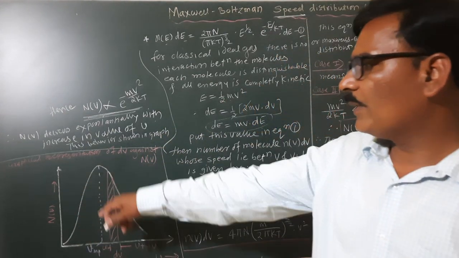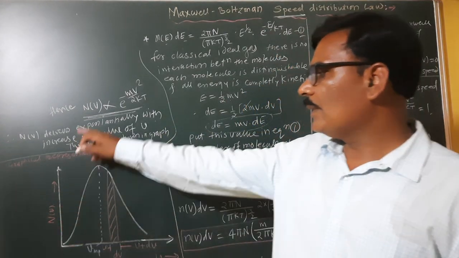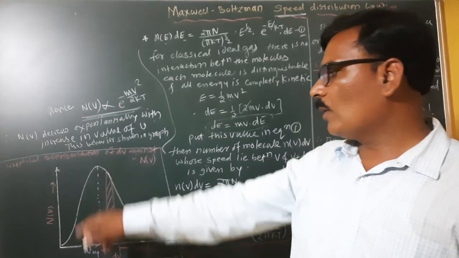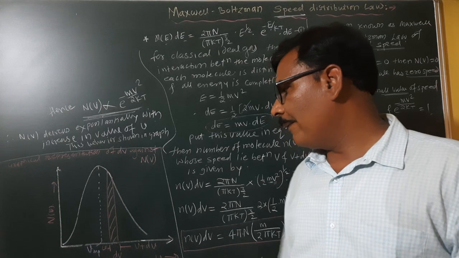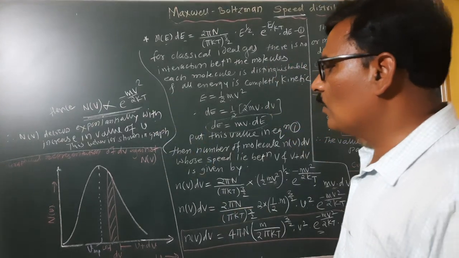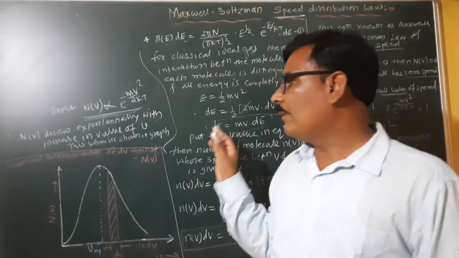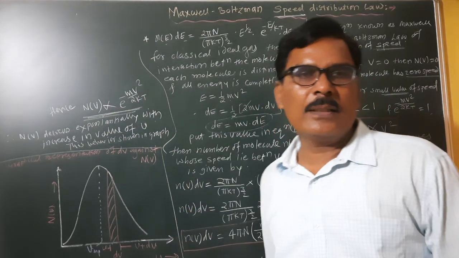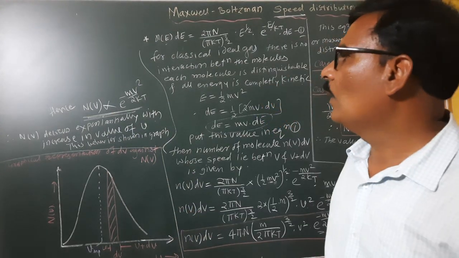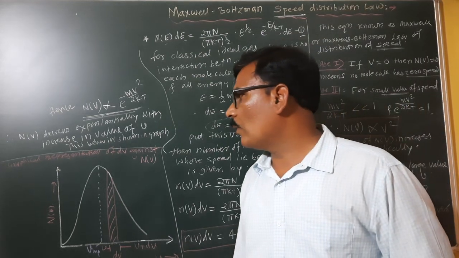The graphical explanation is that n(v) initially goes on increasing up to a particular value, where it is the maximum, which is called the most probable value, and after that its value goes on decreasing with increasing v, an exponential change in the graph. So n(v) is directly proportional to e raised to minus mv square upon 2kT.